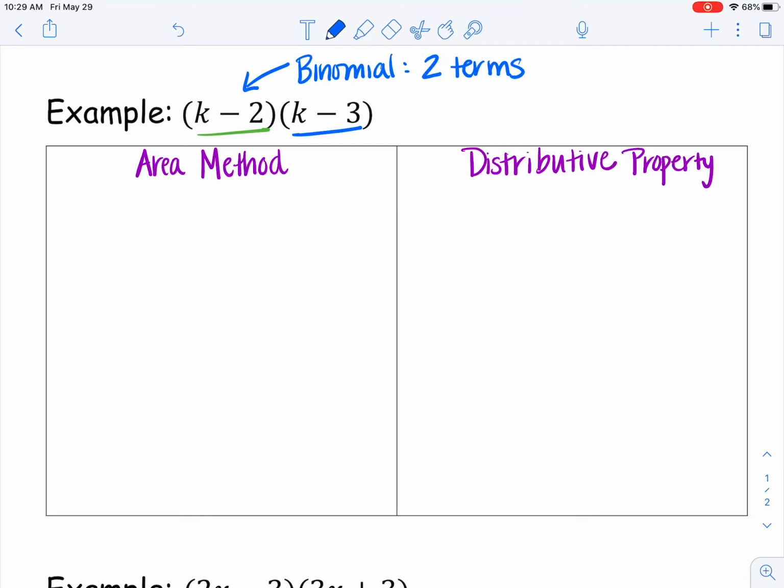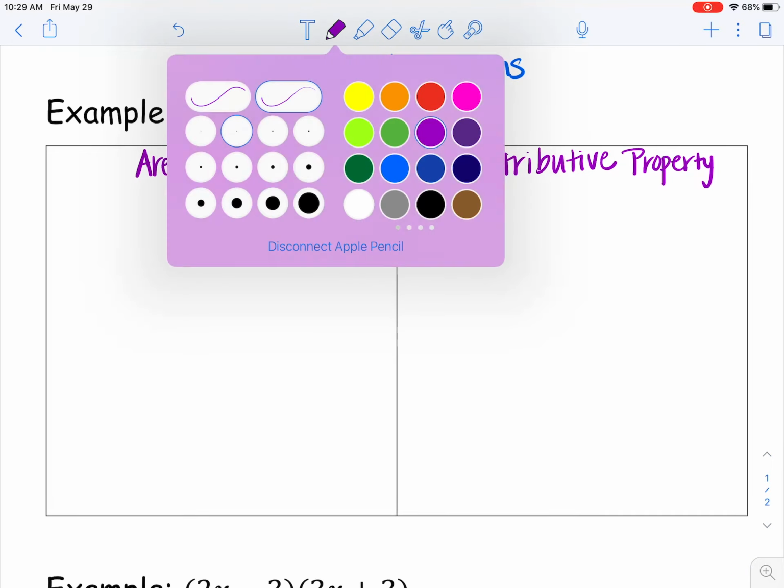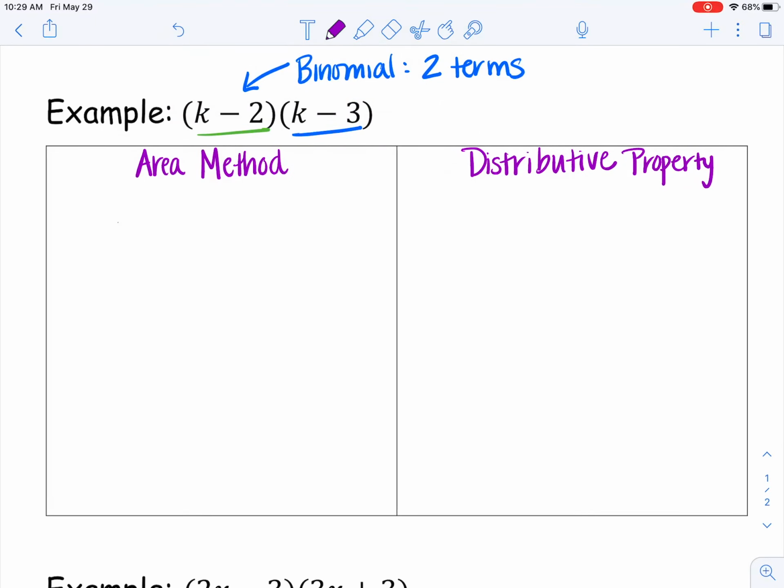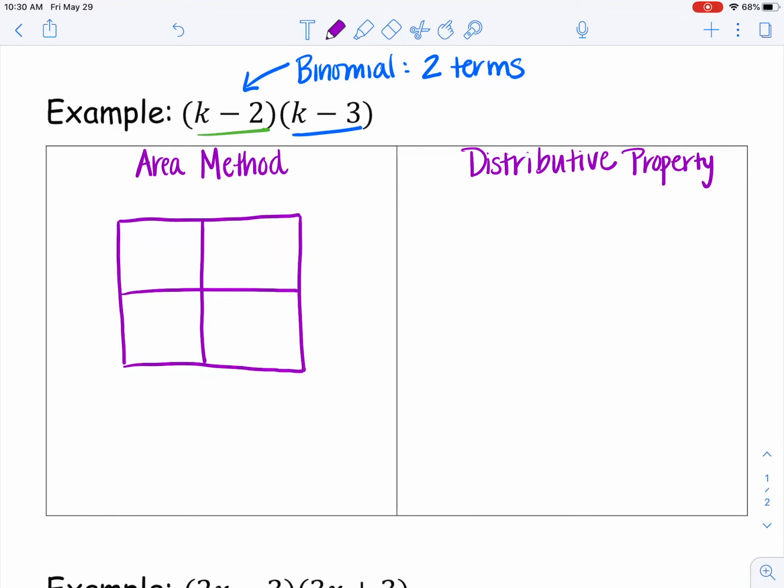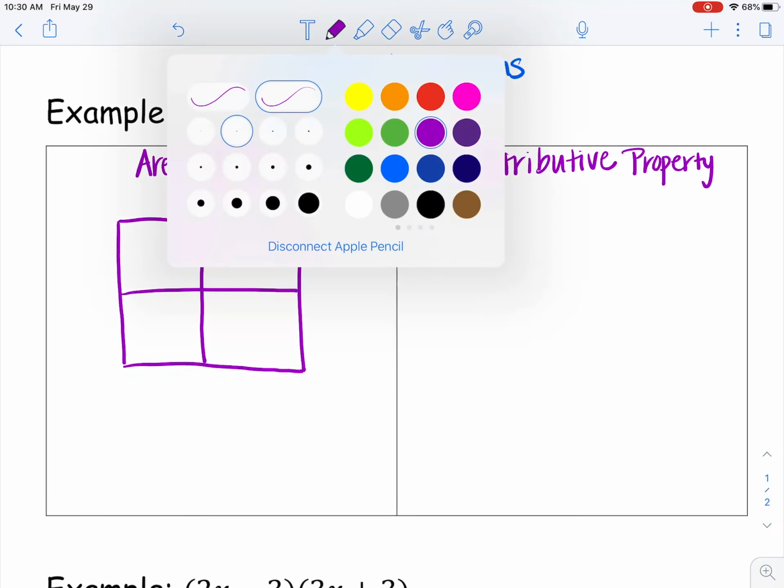Okay, so the area method, we're going to use this lovely box, and the reason it's called the area method is because when you multiply the length and the width of a box, you get the area of the box. So we're going to set up a 2 by 2 box, and our side lengths are going to be our two binomials.